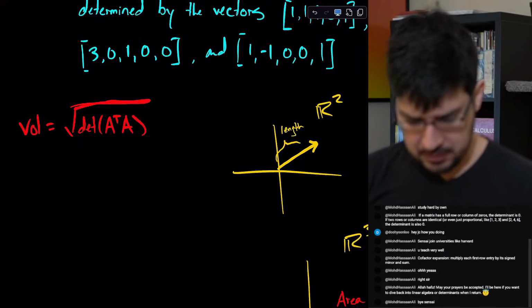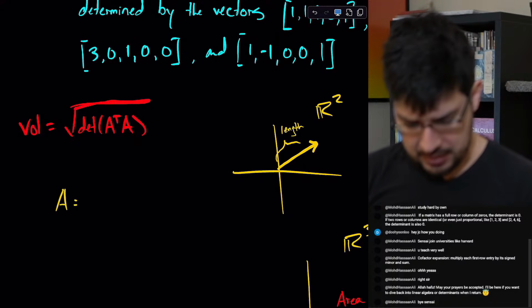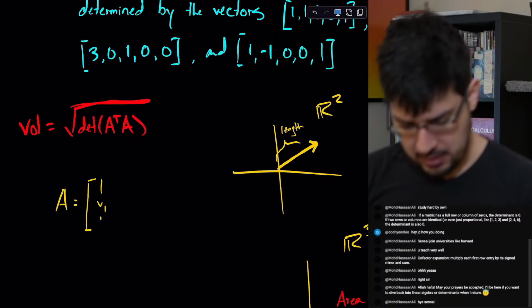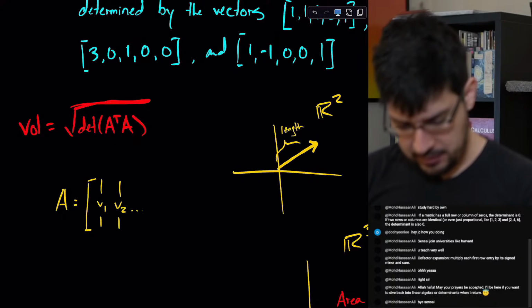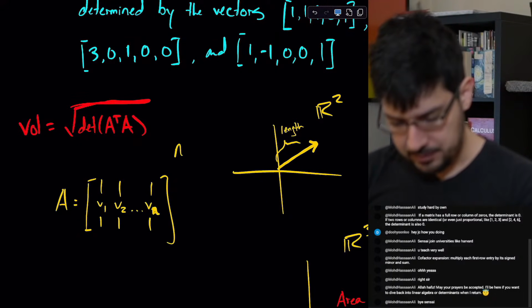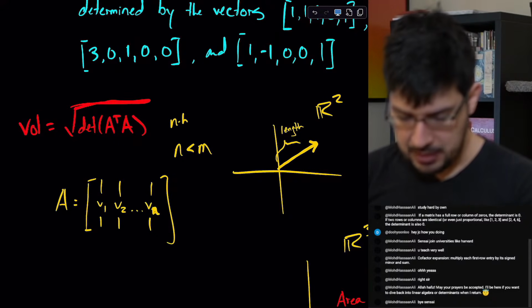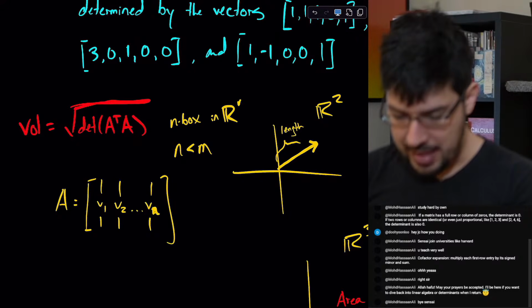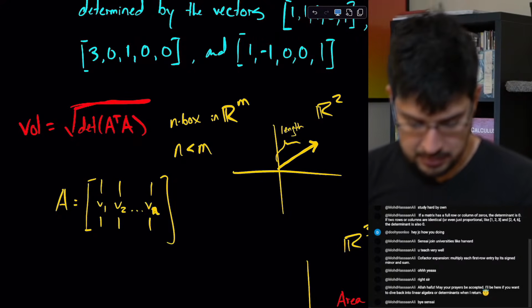First off, A is a span of n vectors, and recall that n is less than m. We're finding an n box in Rm, right?